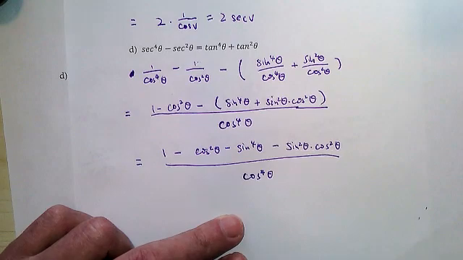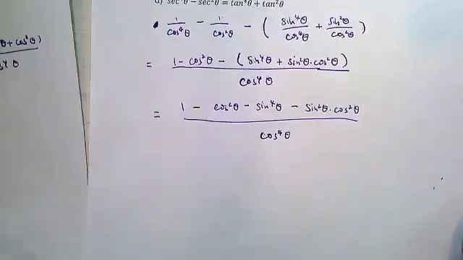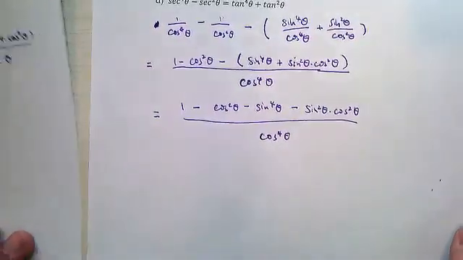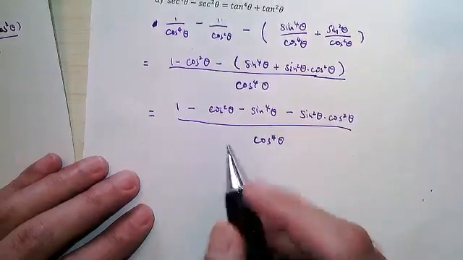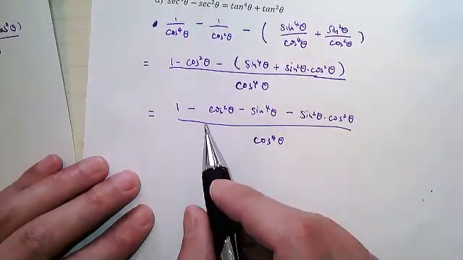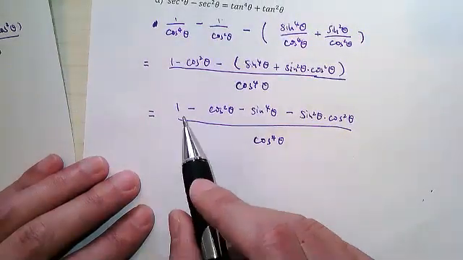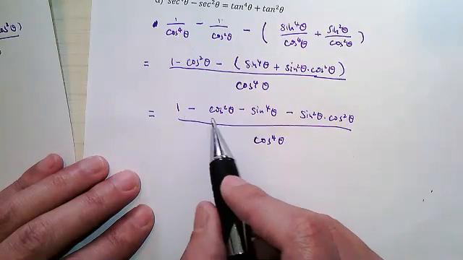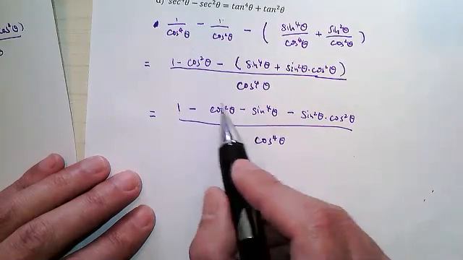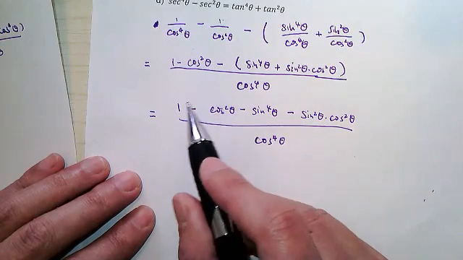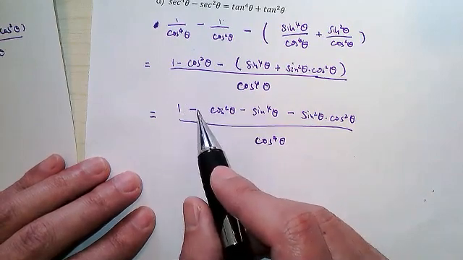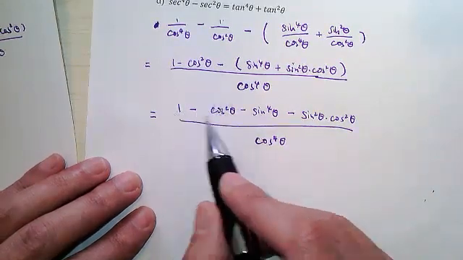Okay, so again, you may not know what to do. But don't worry. What do you see here? 1 minus cosine. Wow, 1 minus cosine squared. Is that a Pythagorean theorem?